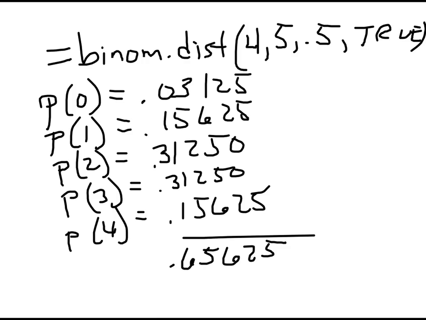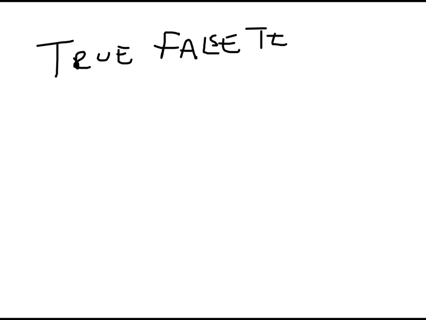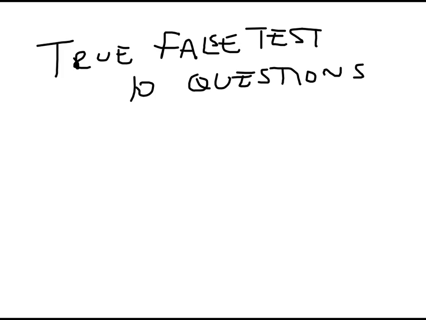Okay, so let's do a sample question. Let's say that a true-false test has 10 questions. The student is unprepared for this test and randomly guesses the answer for each of these.